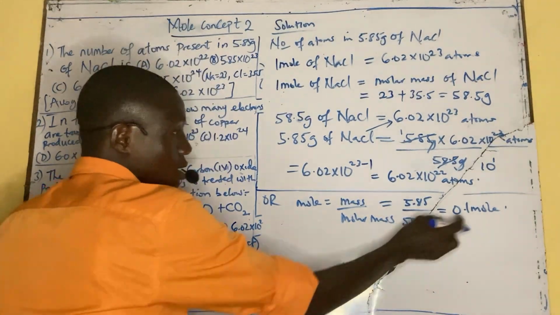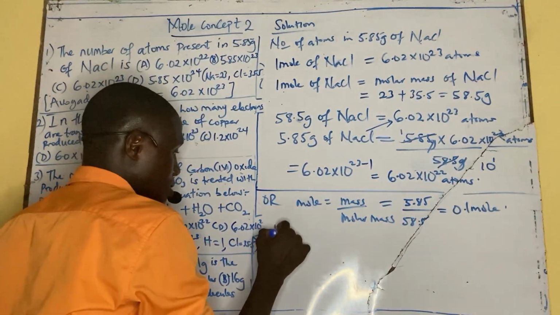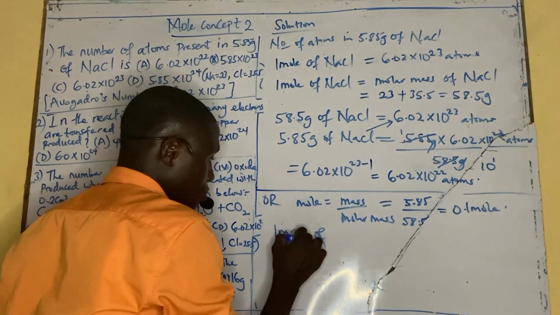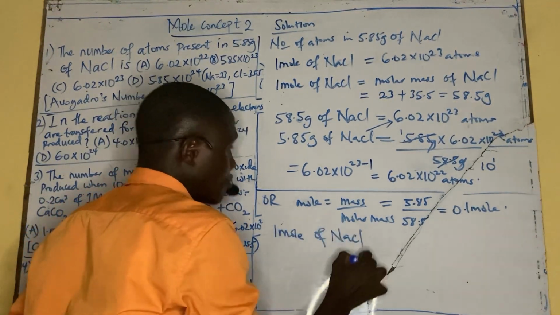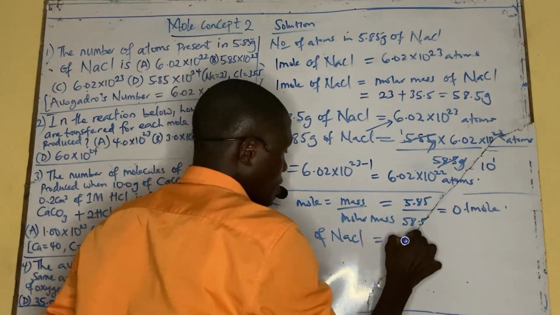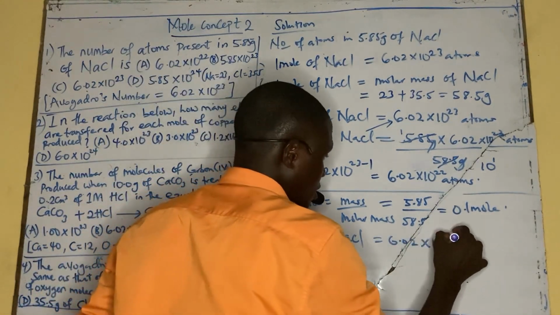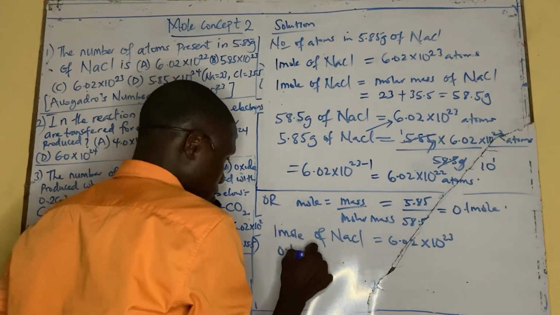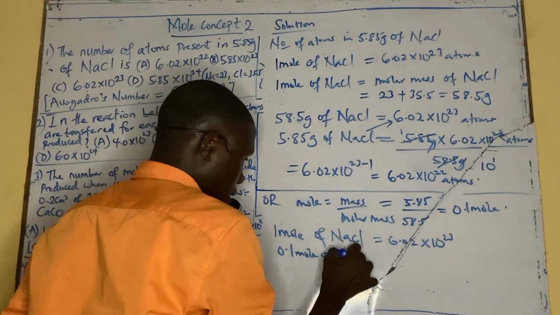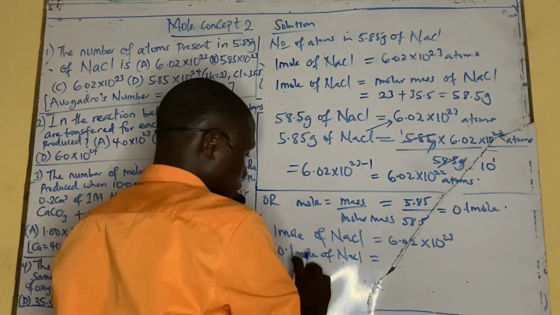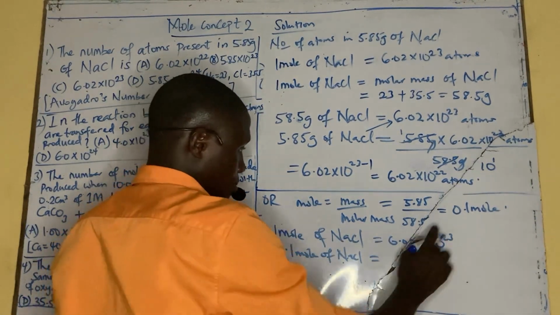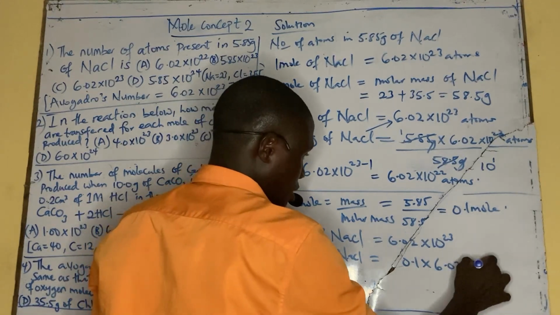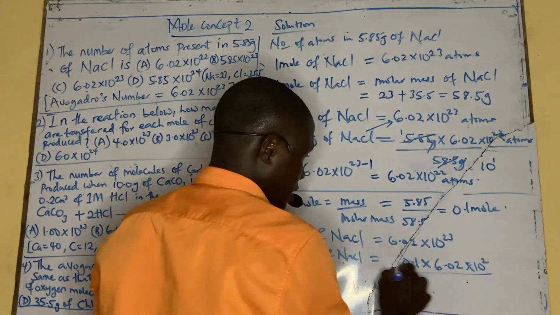So since you have gotten the mole of this, you just come back to this. You now say 1 mole of sodium chloride is equivalent to 6.02 times 10 raised to power 23. Then 0.1 mole of sodium chloride now will be equal to what? You multiply 0.1 times 6.02 times 10 raised to power 23 divided by 1.